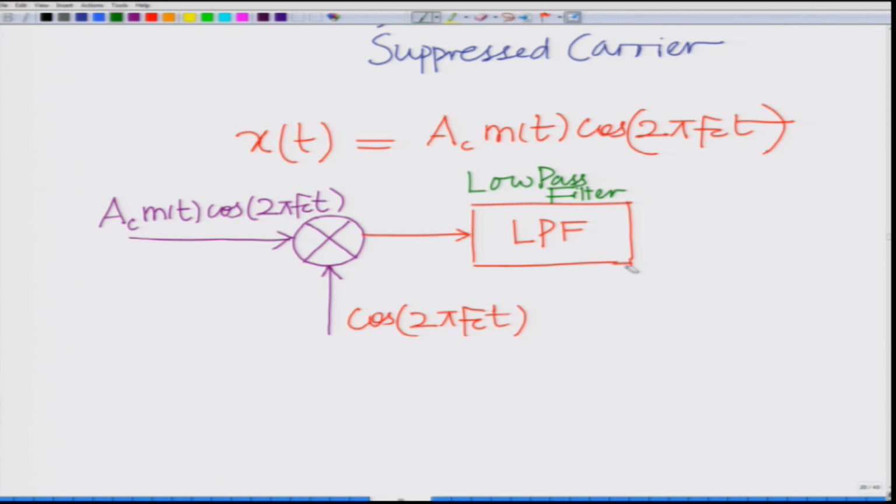The output is passed through a low pass filter with cutoff frequency W. This is the response of the low pass filter: 1 between minus W and W, and 0 otherwise.